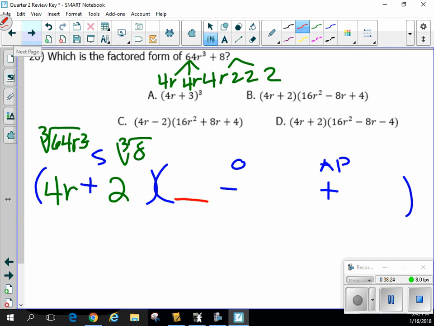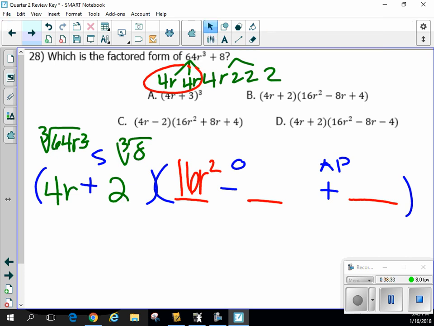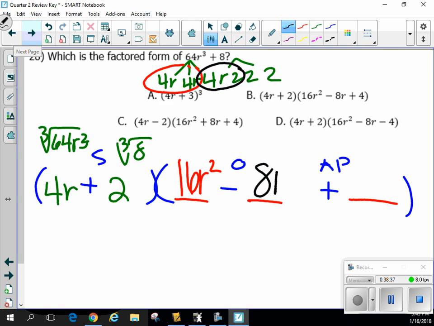So to make our trinomial here, our first two go together, fill in your squared. Our middle two go together, times to give you, and our last go together, 2 times 2, that's 4. So your answer is going to be letter B.